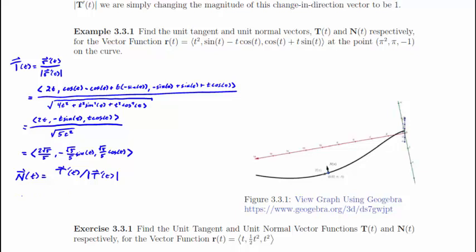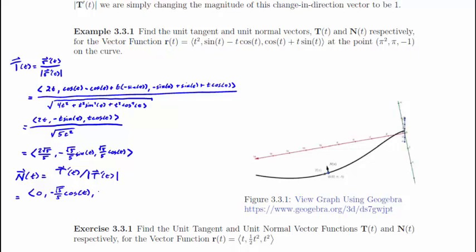So this equals, T prime is 0, comma, negative root 5 over 5 cosine of t. This one's much easier than the initial one.